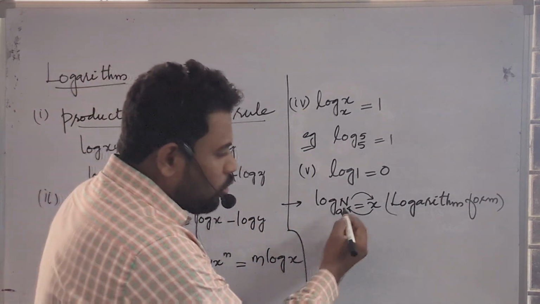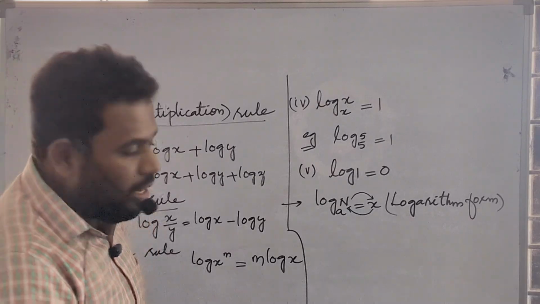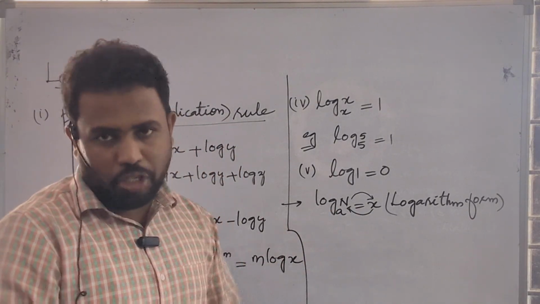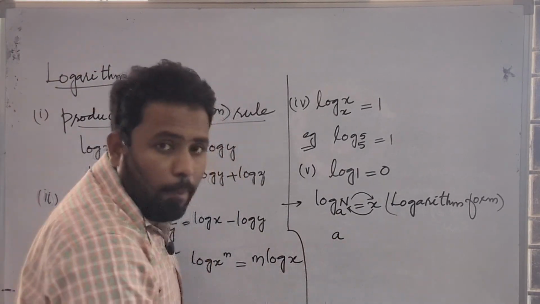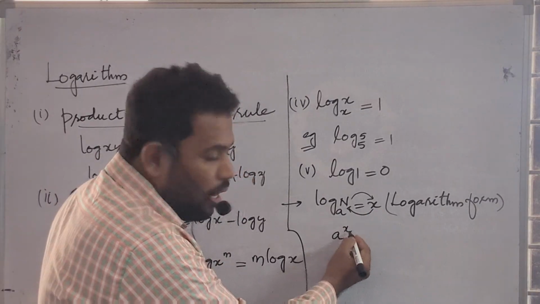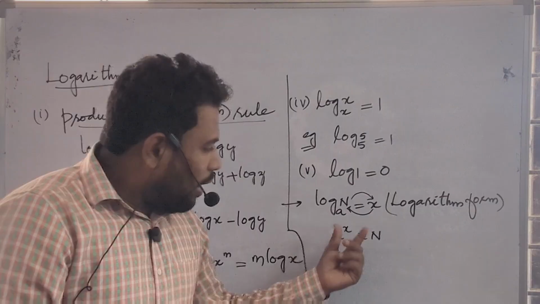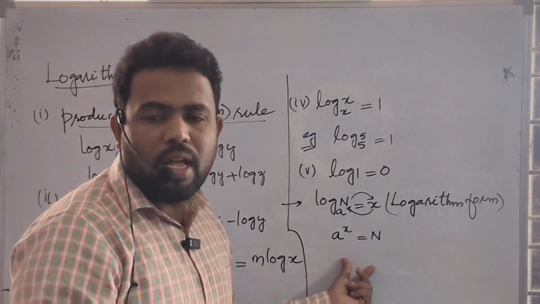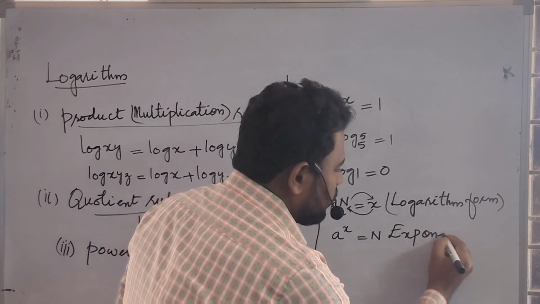The base will remain at the same position. So base a to the power of x, because this x came here, equals n. So now the log has been converted into exponential form.